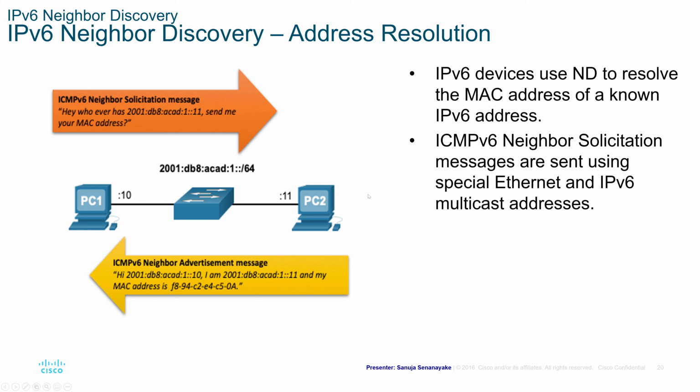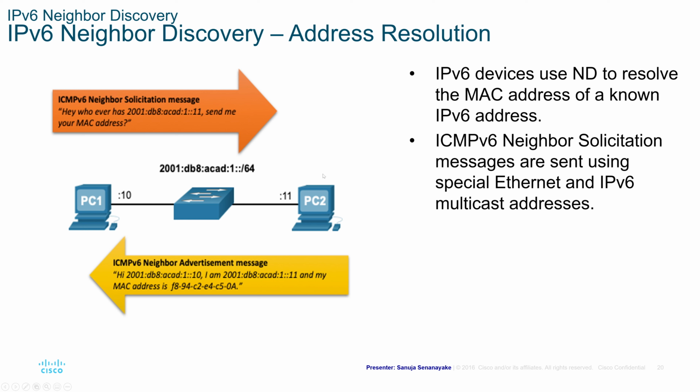So that's how it actually communicates between IPv6 addresses. So we have an ICMPv6 neighbor solicitation message. It would be something like saying, hey, whoever has this particular IPv6 address, please send me your MAC address. So it's like an ARP message, but for IPv6.